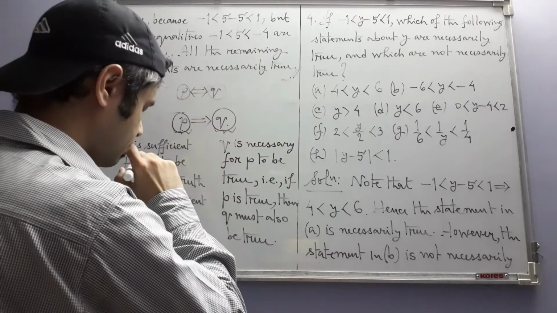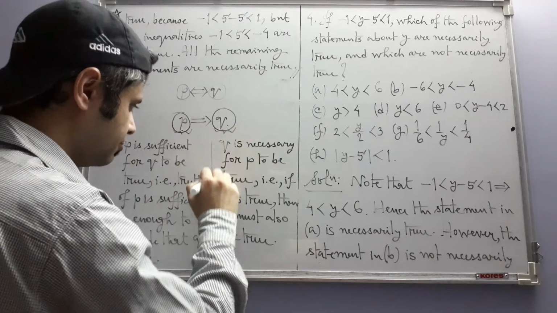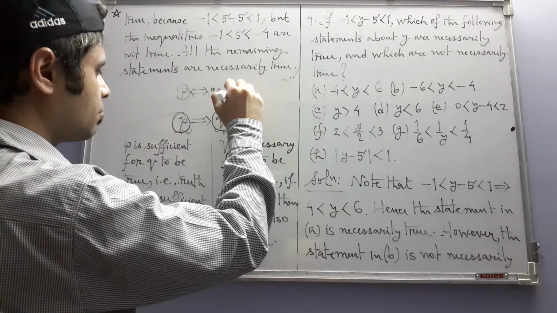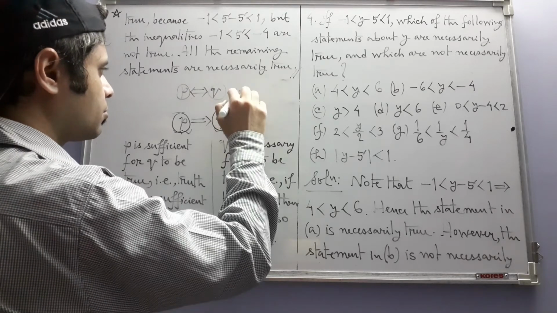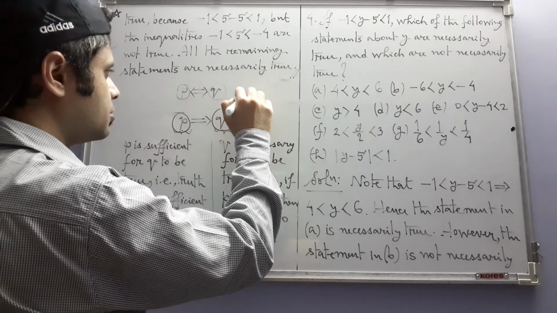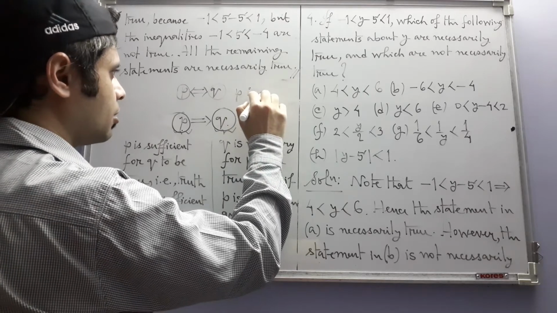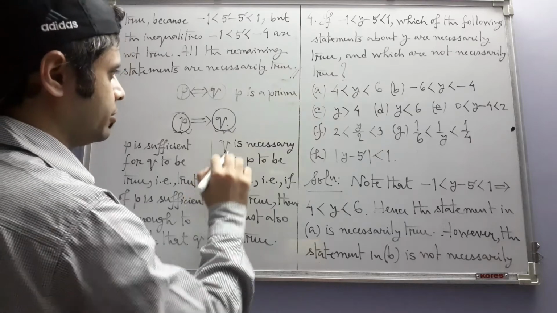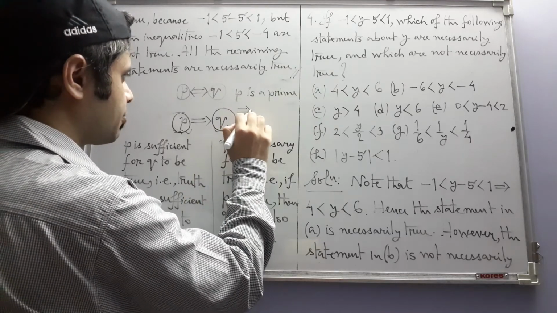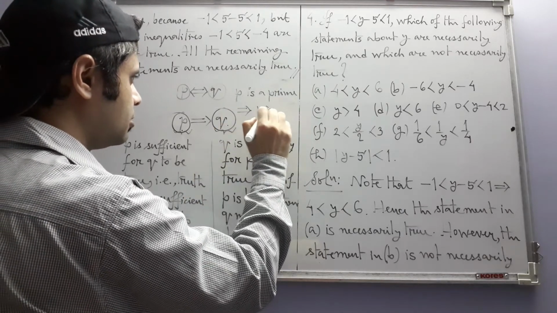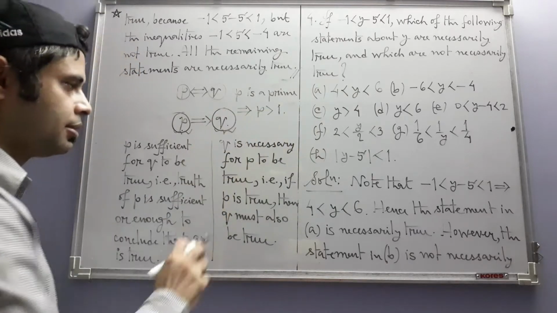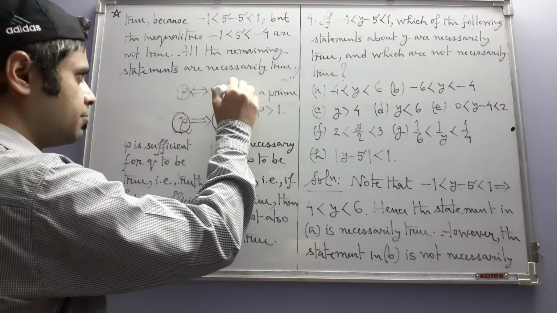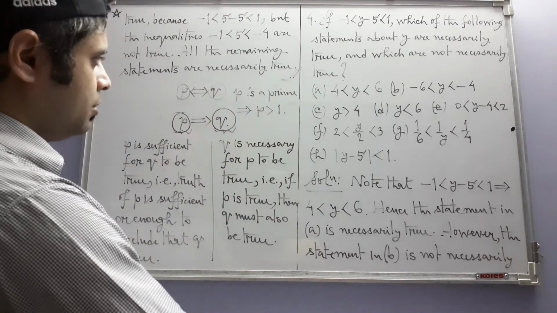So you have definitely come across language like this. What example can I give? Say P is a prime. Let me give a very trivial example. P is a prime implies P is greater than 1. Prime in the ordinary sense of prime numbers that we know.